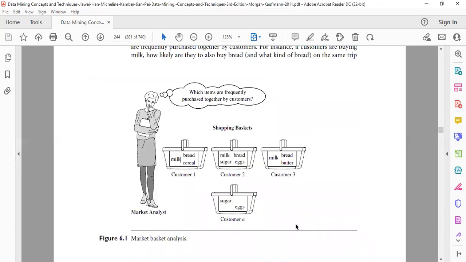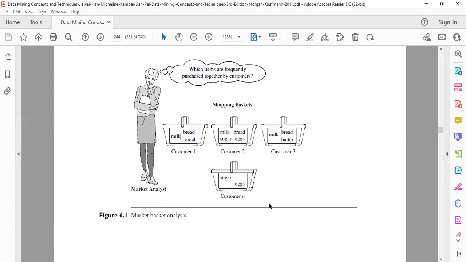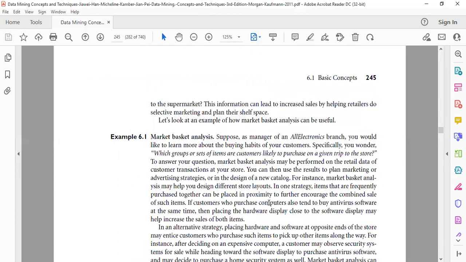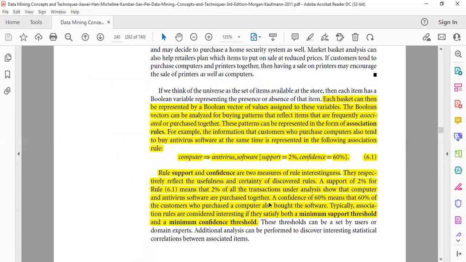As you can see in this figure, several customers have put different items in their baskets. The first customer has put milk, bread and cereal, the second has put milk and bread, and the third has also put milk and bread. So depending upon what the customers are putting in their baskets, we can identify which items are purchased together. This is called market basket analysis.